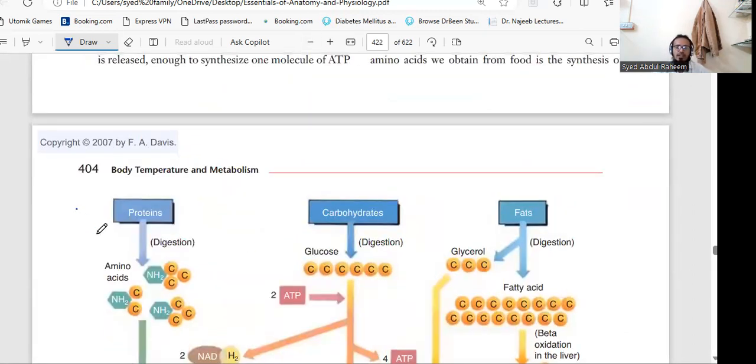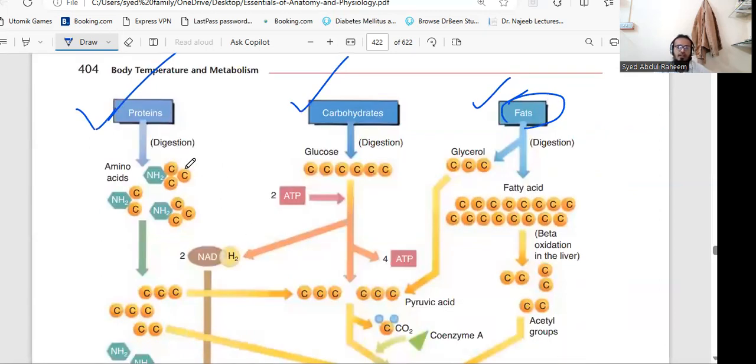We get 3 types of end products from food: food has protein, food has carbohydrates, food has fat. When protein is digested, it is broken down. Catabolism happens. Here we have amino acids. Protein is broken down to amino acids.